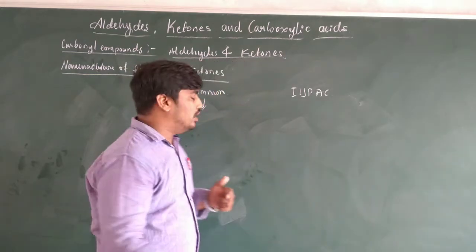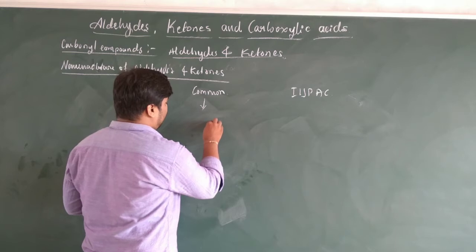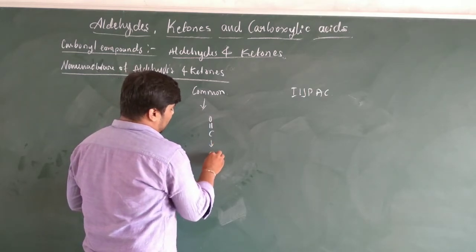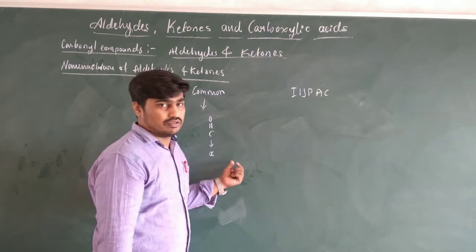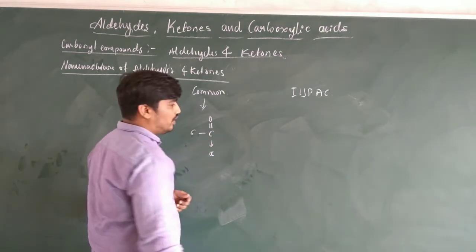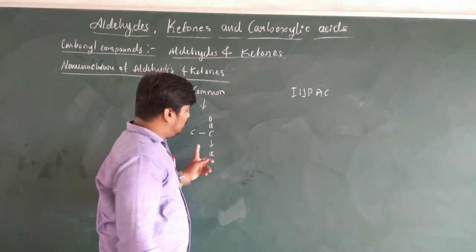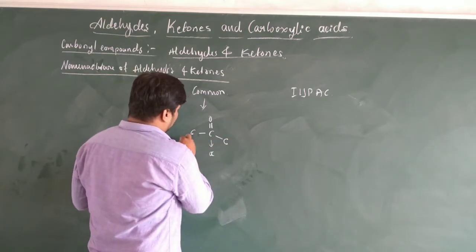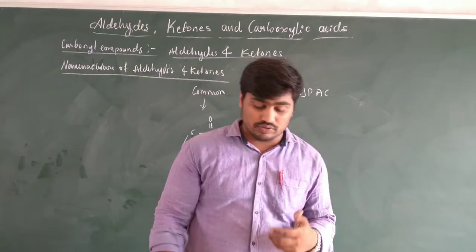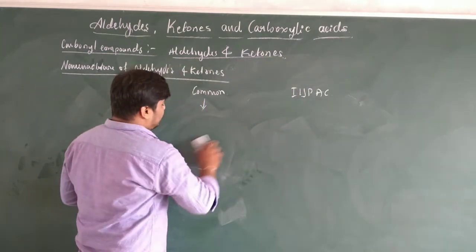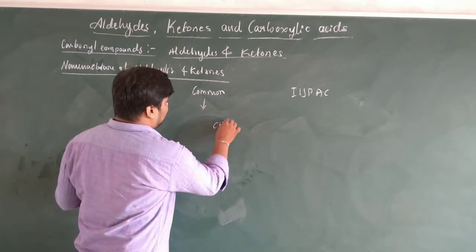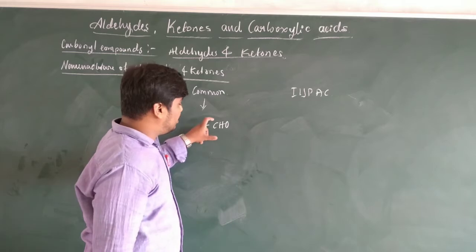The carbonyl carbon is considered mainly as the alpha carbon in the aromatic case. Okay, alpha carbon, and the very next carbon is known as the beta carbon. So that is in the case of aromatic compounds. Next, in the case of aliphatic compounds, suppose we consider an aldehyde.